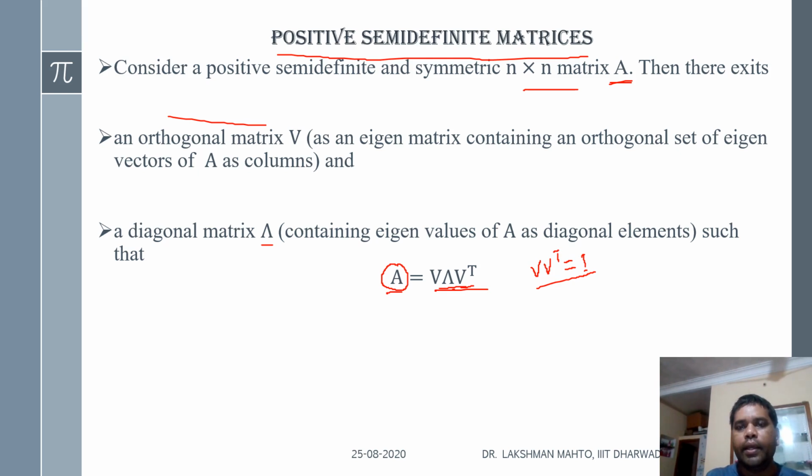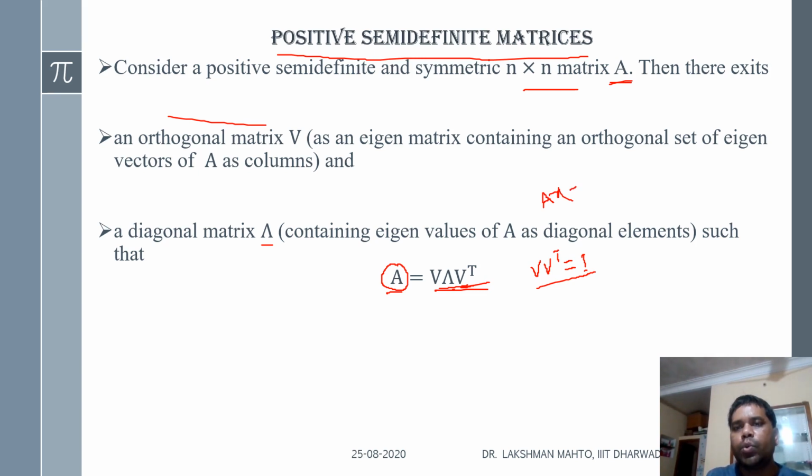We can easily visualize it, so the right-hand side can easily characterize every property of A. An orthogonal matrix is just a rotational transformation. A diagonal matrix is just a stretching. And further, V transpose is again an orthogonal matrix, so again it is a rotation. So: rotation, stretching, and then rotation.